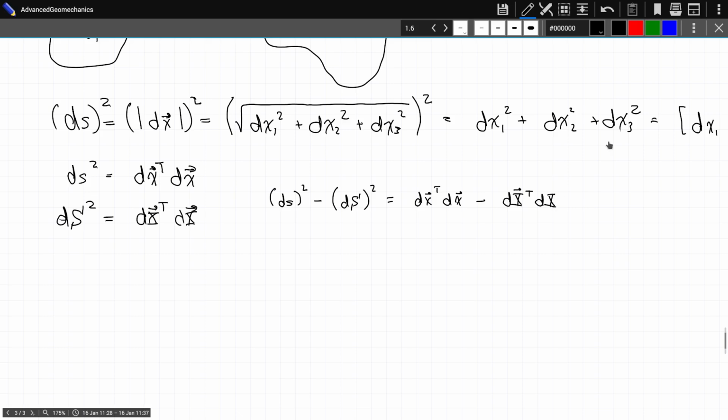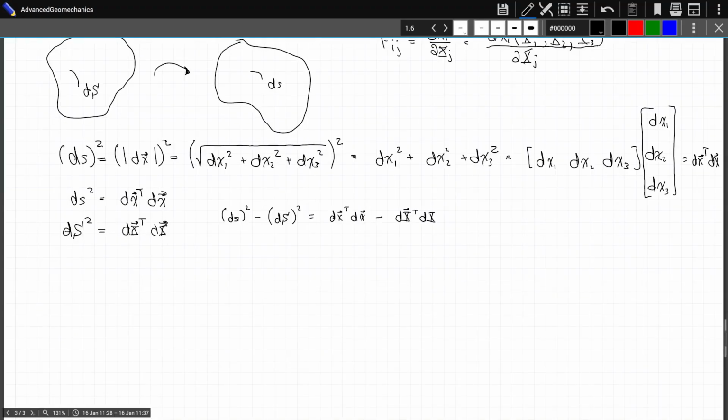Okay, but we have an equation that relates d little x to d big X, right? What is it? d little x equals the deformation gradient times dX. Remember, that's what the deformation gradient does.